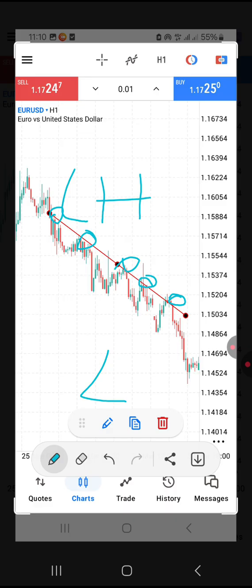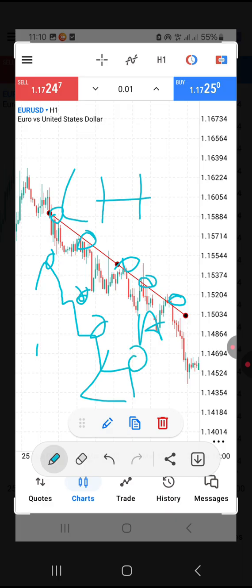It's just the opposite of an uptrend. Price came up, touched here, this is a high, came down, created another high. This high is lower than the second high, than the third high, than this fourth high. That's why we call it lower highs.